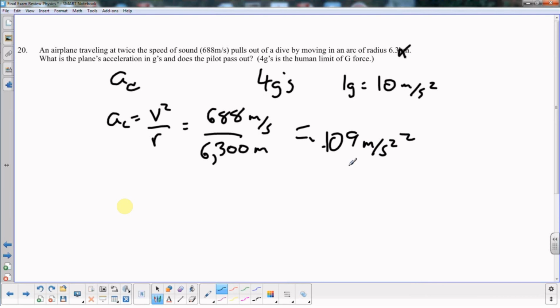Which is way less than 1G, because 1G is 10. That's 0.1, so this pilot's definitely not going to pass out.